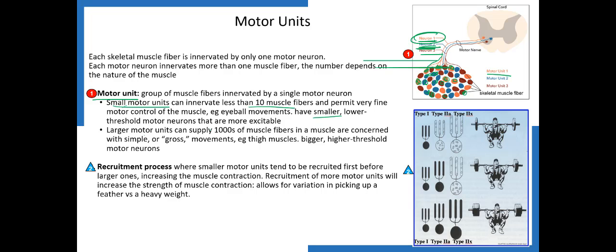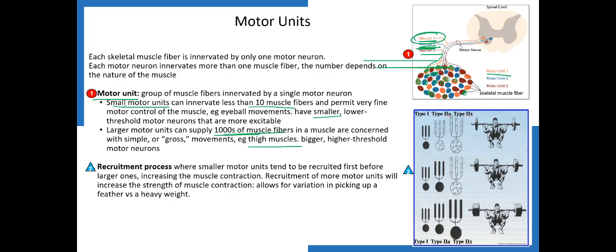Whereas large motor units can supply thousands of muscle fibers, and they are more involved in larger or gross movements. So the thigh muscles contain large motor units. They've got bigger motor neurons, higher threshold motor neurons.